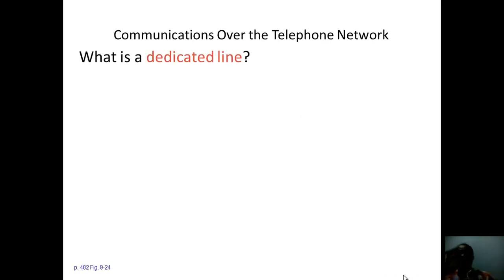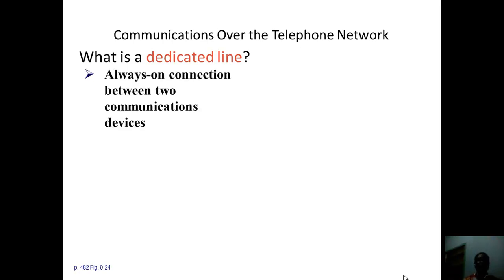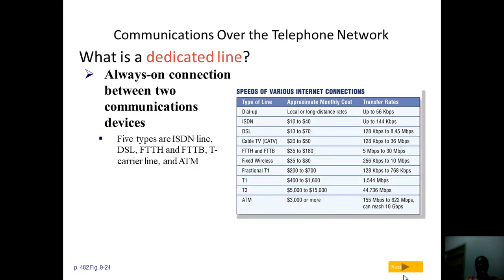Now, we also have a dedicated line. A dedicated line is normally where you subscribe and the line is assumed to be yours, dedicated to you alone. So we have the Integrated Services Digital Network lines, DSL, and so on and so forth.